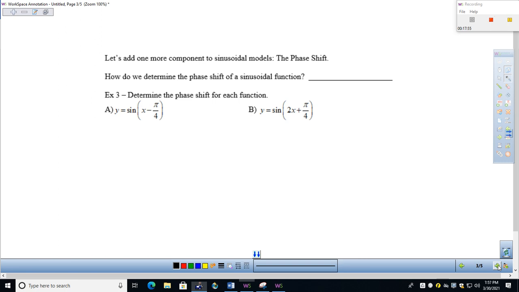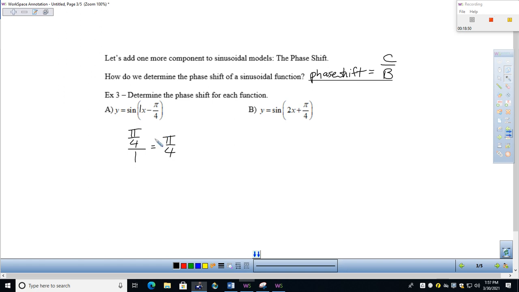All right, well, how do we determine the phase shift of a sinusoidal function? We've already looked at this. Phase shift, of course, equals C over B, the way we've been writing our functions. So in this particular case, remember the B value is the number in front of the X. So phase shift here would be the C value, pi over 4 over 1, and so that's obviously pi over 4.